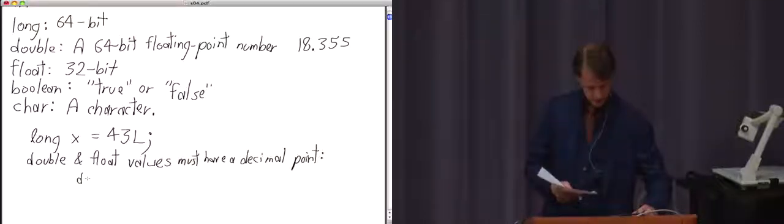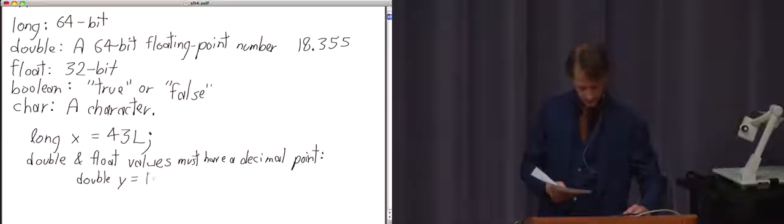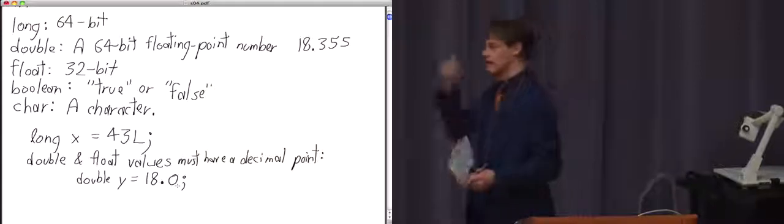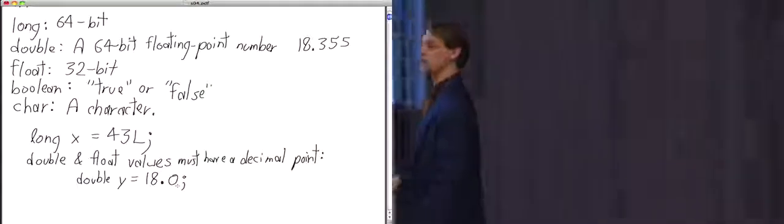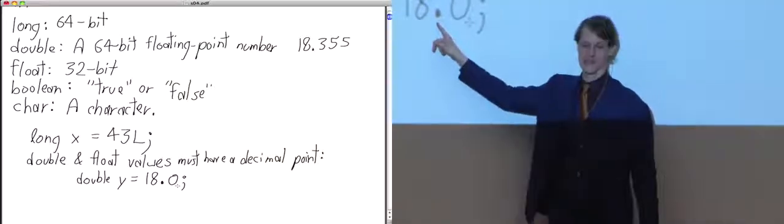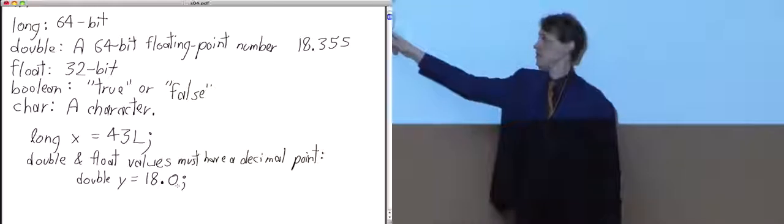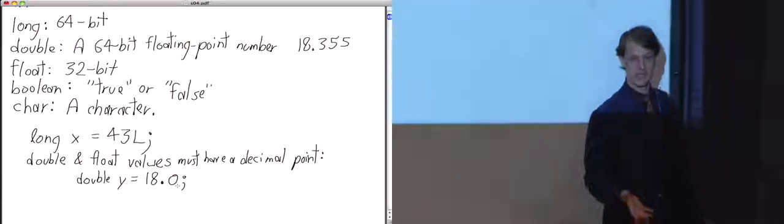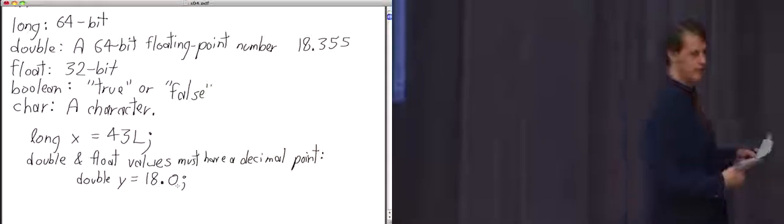So for instance, you might write double y equals 18.0, just to make it totally obvious that this is a floating point number. The Java compiler doesn't require this 0, but it does require this decimal point. I usually write the 0 in as a convention so that it's easier for humans to spot the decimal point.